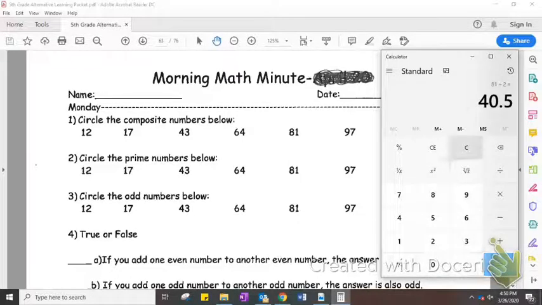And then 97 is not divisible by 2, so that also makes it odd. So the odd numbers are here.